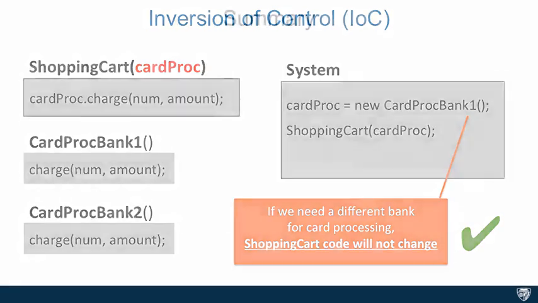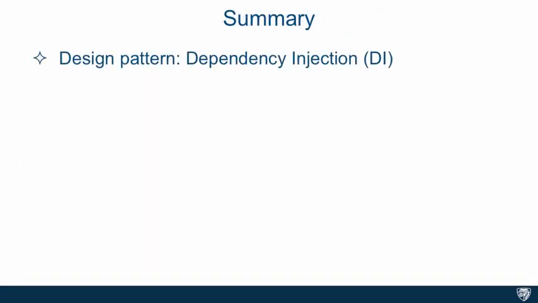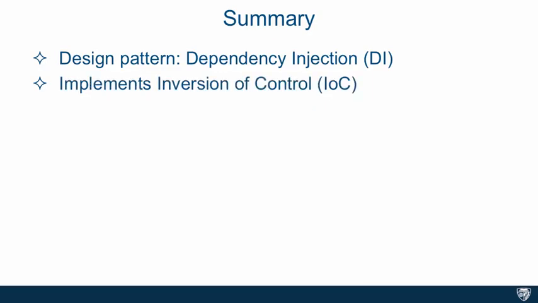So just to summarize, we learned yet another pattern called dependency injection. For short, it's called DI, dependency injection, which implements an approach called inversion of control. And if you read things online or in other literature, you'll see that inversion of control is oftentimes referred to as IoC, with a lowercase o and uppercase c.